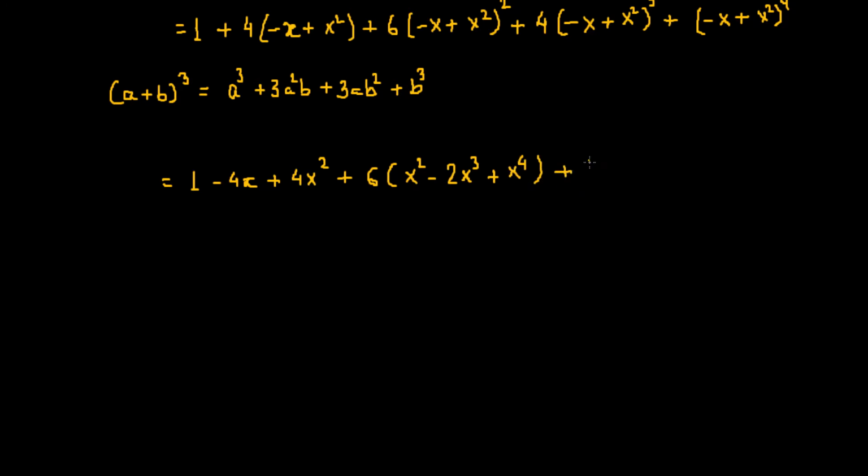Plus 4 times, this is going to be negative x cubed, plus 3 times, so this is going to give us plus 3 times x raised to the power of 4. Doing it correct? Yes, this is correct. Minus 3 times x to the 4, so this is 3x raised to the power of 5 plus x raised to the power of 6.